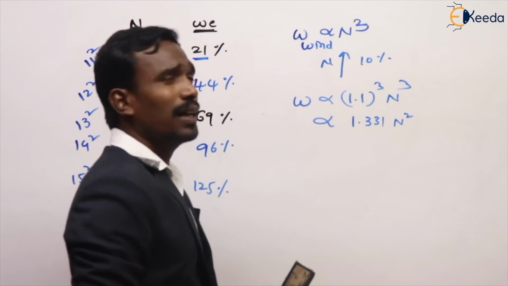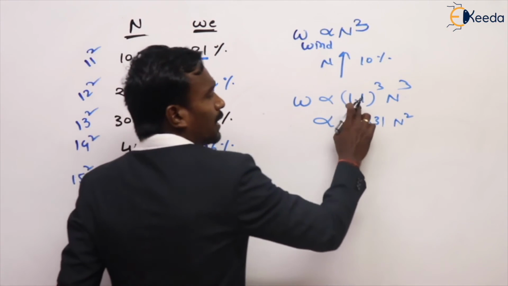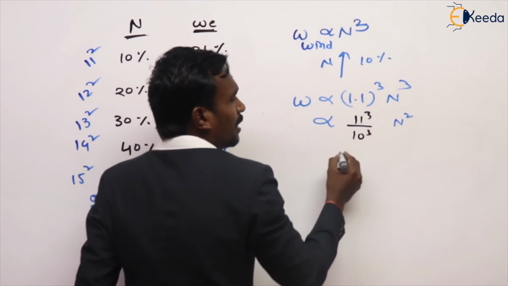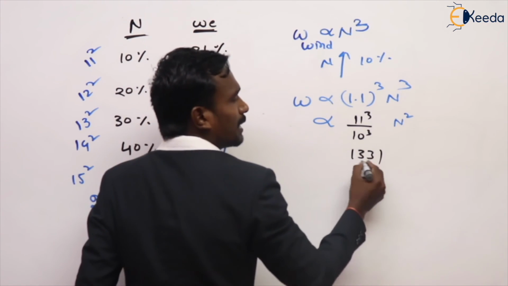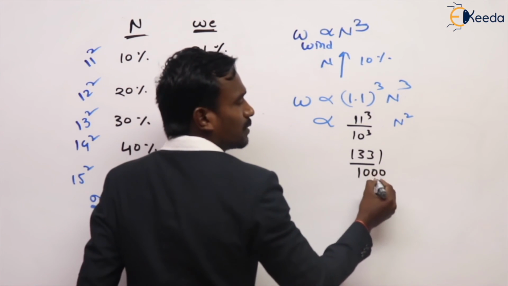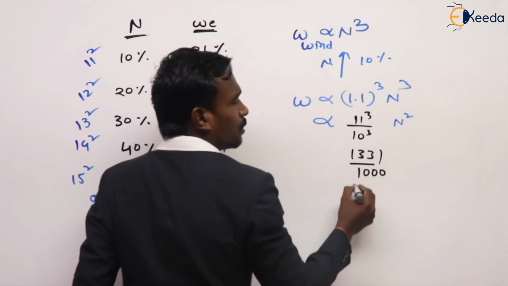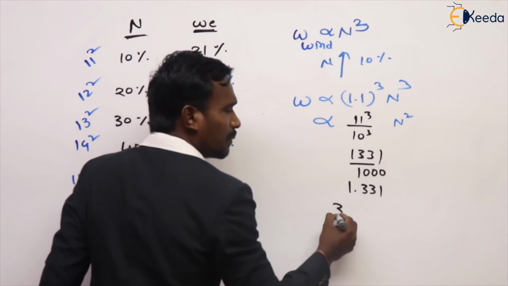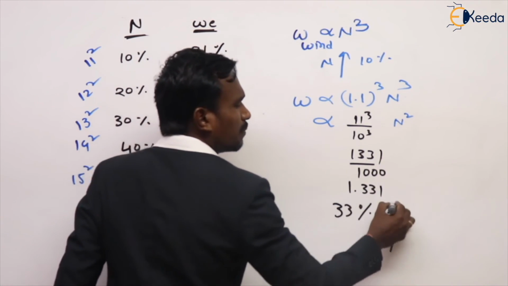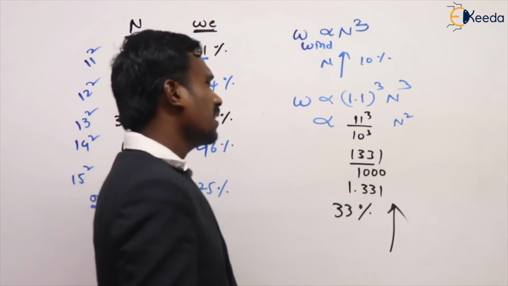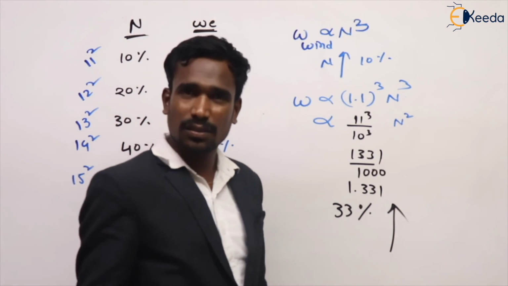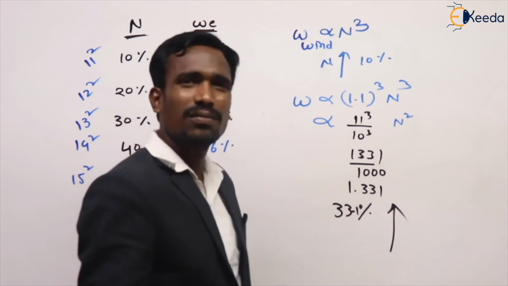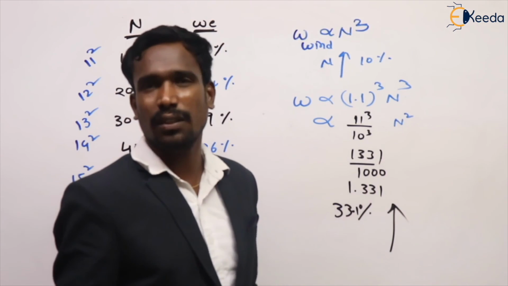That is 11 cube by 10 cube, 1331 by 1000, so about 1.33. The increment is 33% in wind friction loss, or 33.1% increased. Generally 33% is enough.